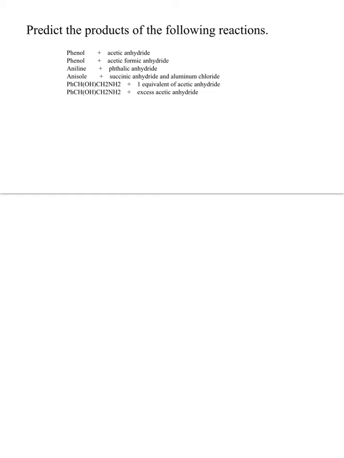Okay, predict the products of the following reaction. Phenol plus acetic anhydride. Okay, this is important. So here you have phenol and acetic anhydride. Be able to draw acetic anhydride. What happens is the phenol comes here.